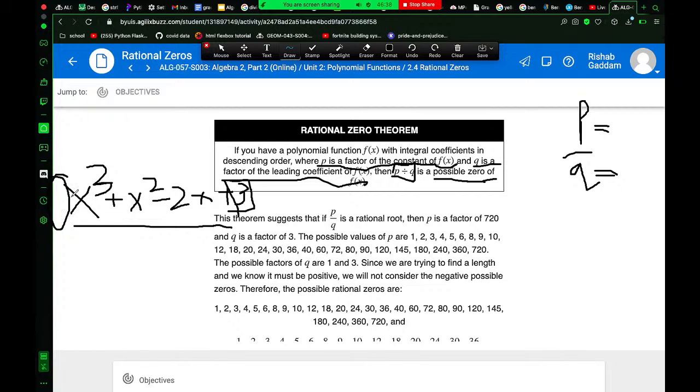This right here is a 1, because if there's nothing here, there's automatically a 1. A factor of 1 is always going to be 1, and this is x squared, and this is negative 2x, and there's positive 3.